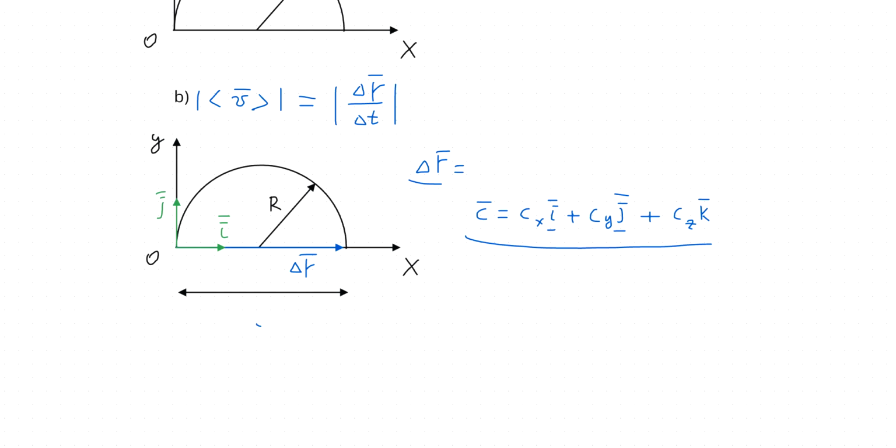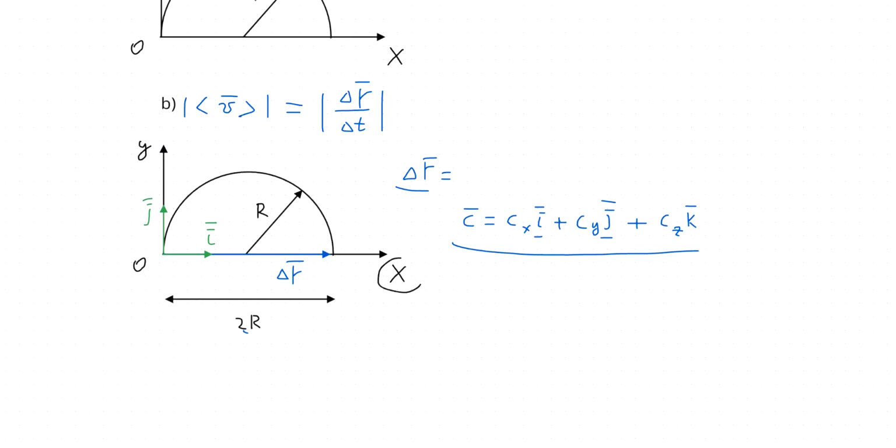And because this is double r, and we can see the displacement vector is directed the same as axis x, this picture means that the displacement vector delta r will be 2r multiplied by ort i plus 0 multiplied by j plus 0 multiplied by k.